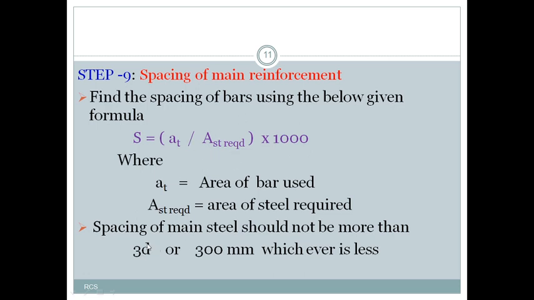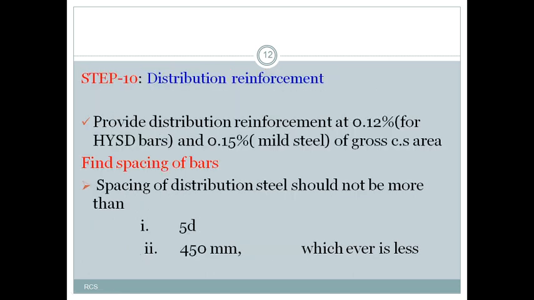Among these, the minimum value will be provided as the spacing for the bar. But in no case should the spacing be more than 300 mm or 3 into d value. Next we have to go for checking of distribution reinforcement.